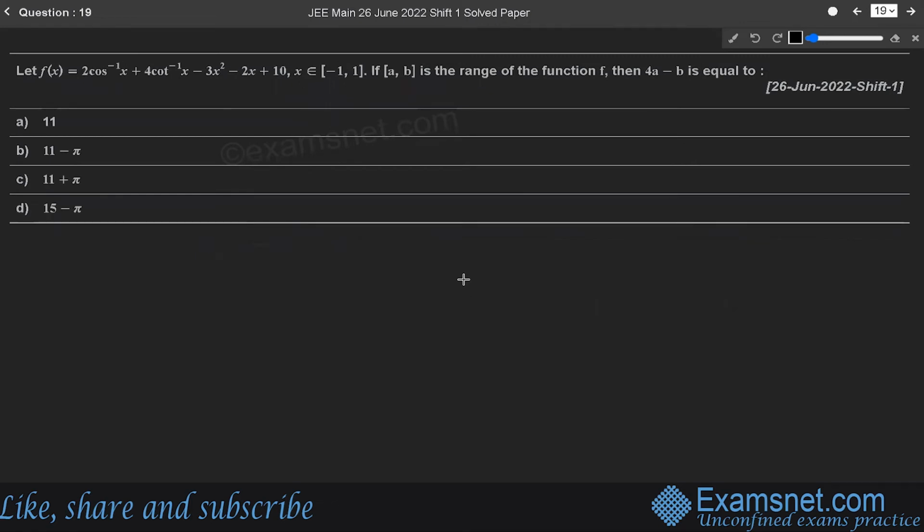Next question is: let f of x is equal to 2 cos inverse x plus 4 cot inverse x minus 3x square minus 2x plus 10, where x belongs to minus 1 comma 1. If a comma b is the range of the function f, then 4a minus b is equal to. So a function is given here.